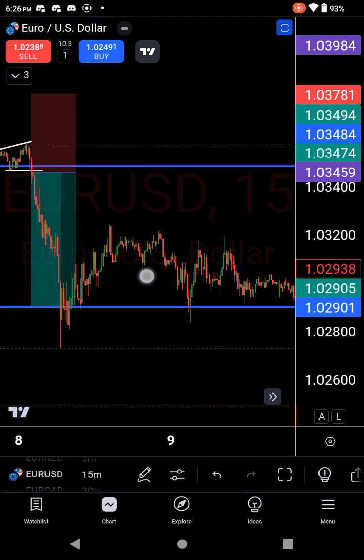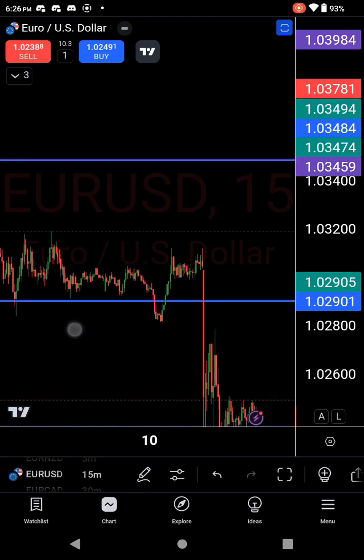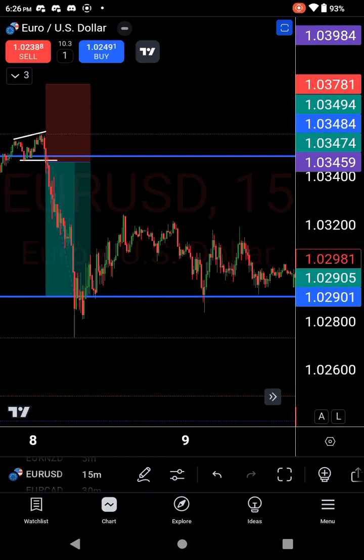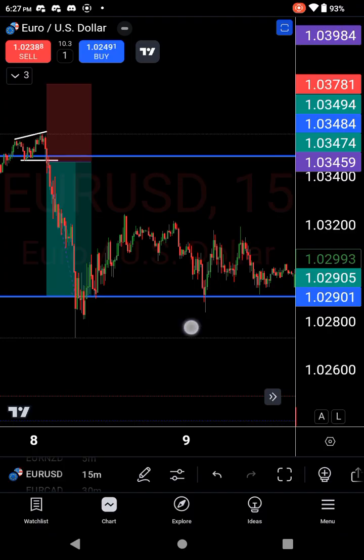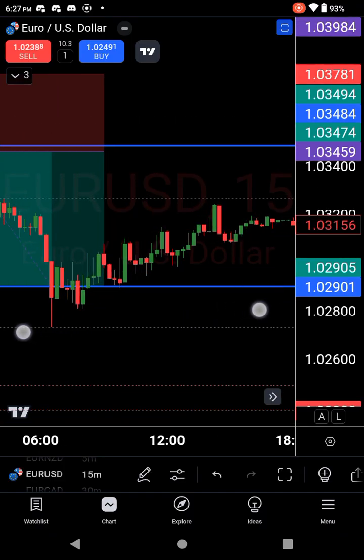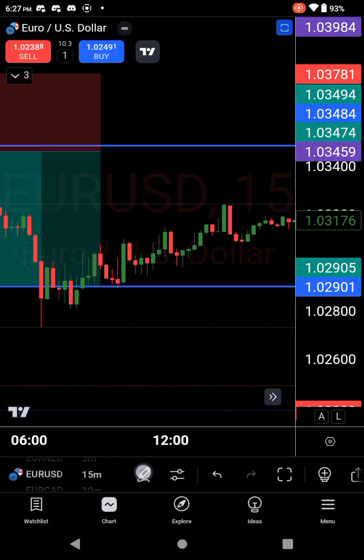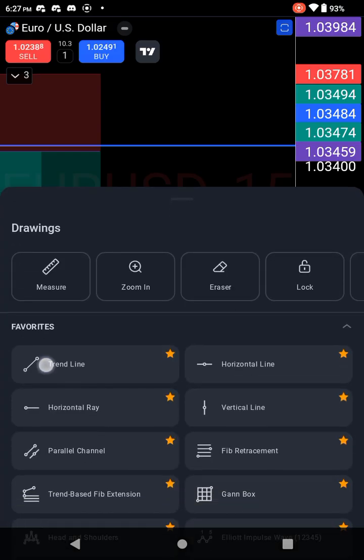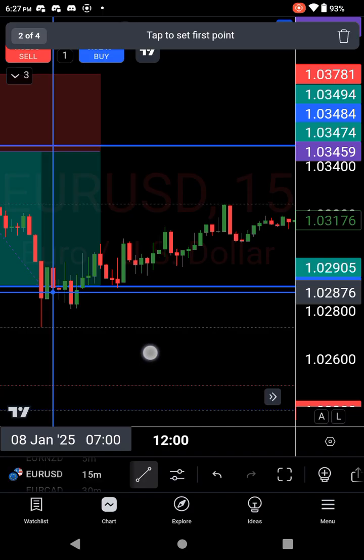Now, say for example, you wanted to buy the price. All we do is look at what we are having right here. Can we identify a double bottom? I identified one right here.